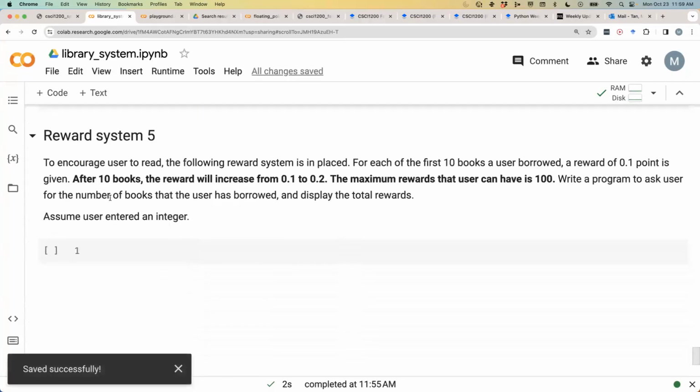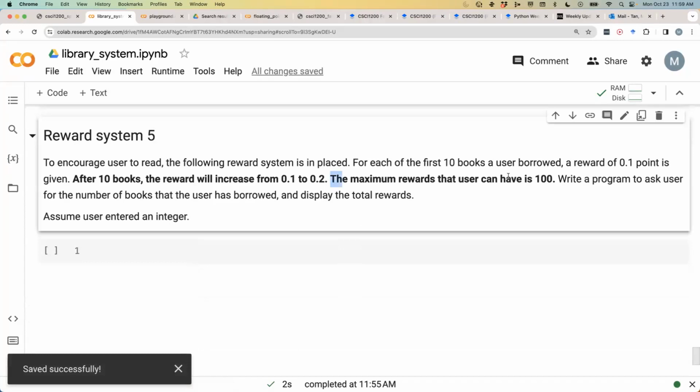All right, now the final system is that we cap the reward at 100. Okay, the maximum reward the user can have is 100 only.